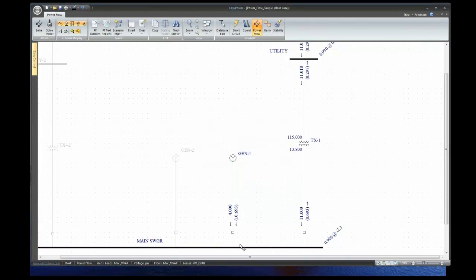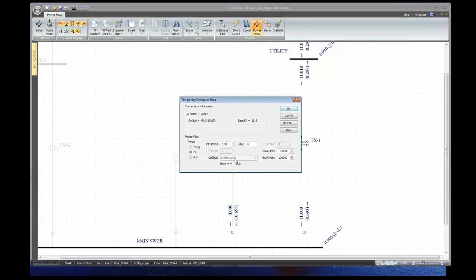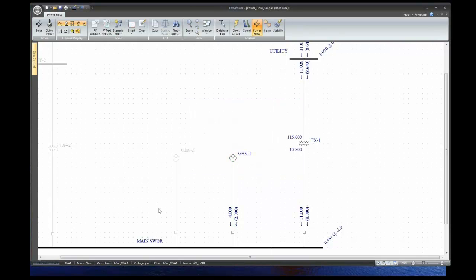So at some point, you're not going to be able to operate in constant voltage mode. You're going to have to switch to some kind of VAR control or power factor control. So now I just set it to run at a certain VAR output, then the swing source will always make up the difference.